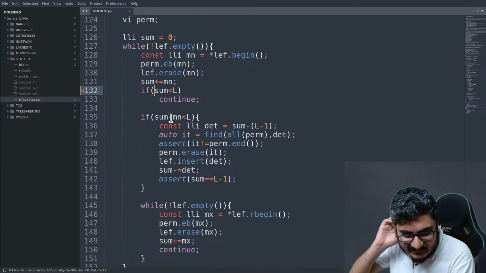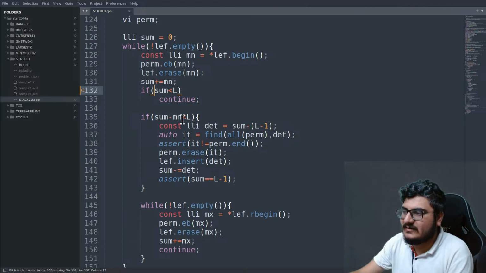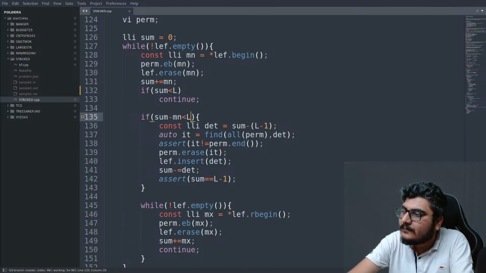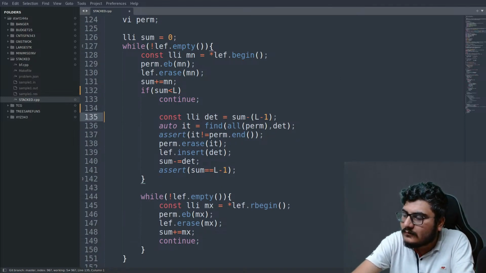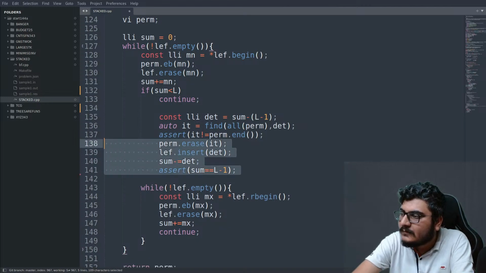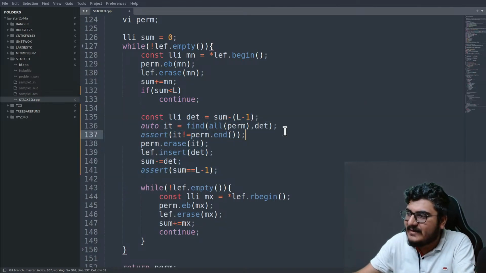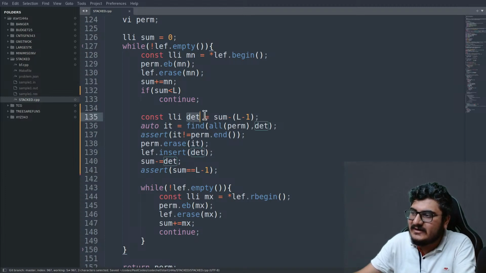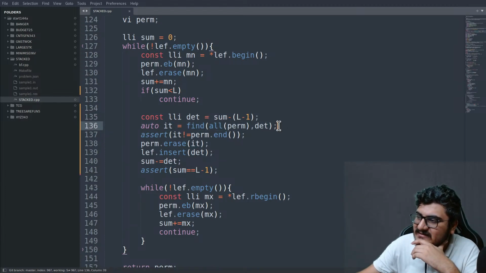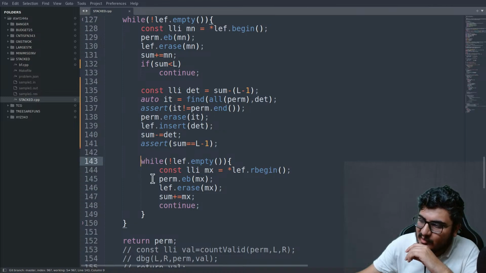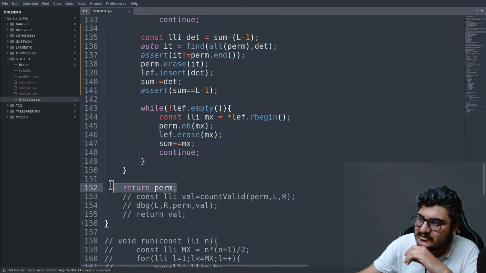Otherwise, now whatever sum I have, subtract it from L minus 1. This is the element I should remove now. So find its index and erase it from that permutation and insert it back and remove it from the sum as well. Now your sum is exactly L minus 1. Now just insert all the numbers in decreasing order over here and return the permutation you got.